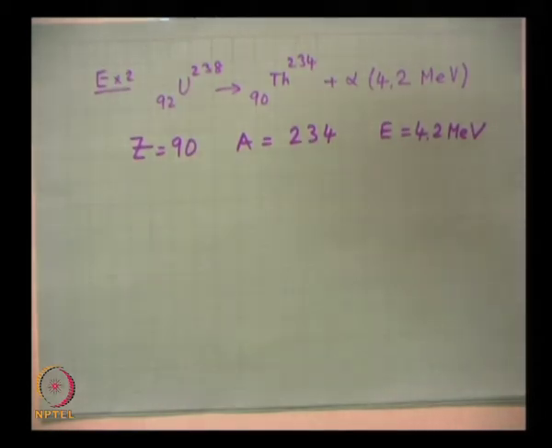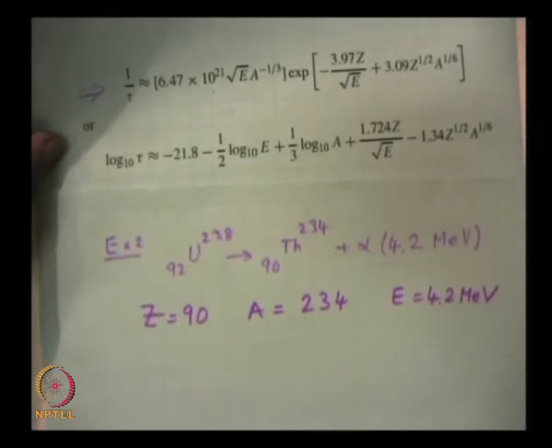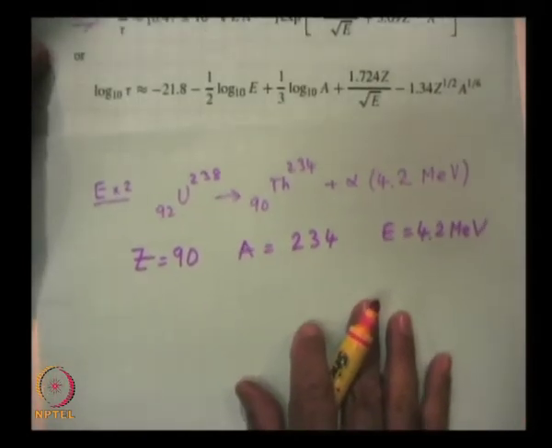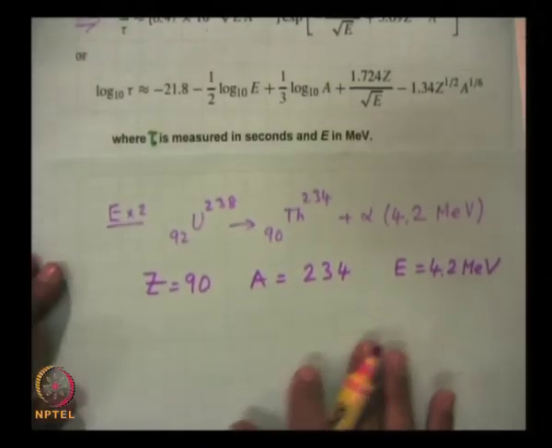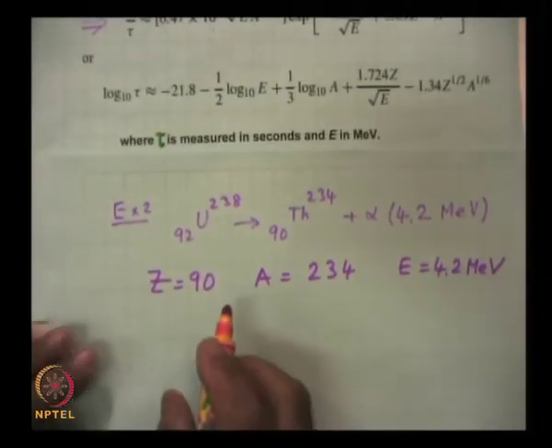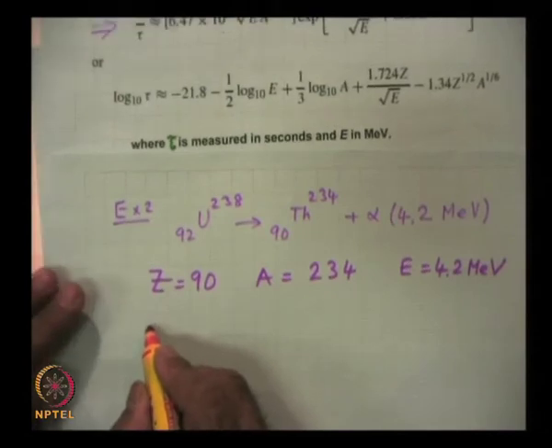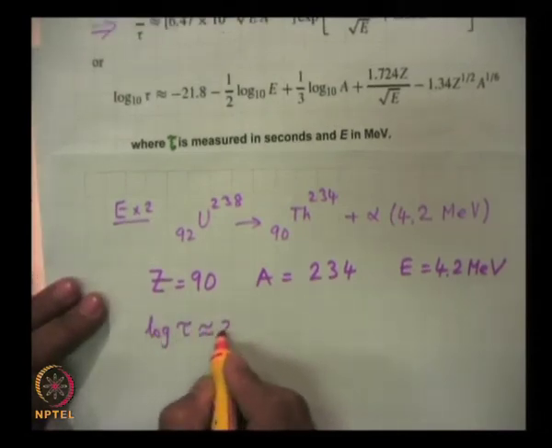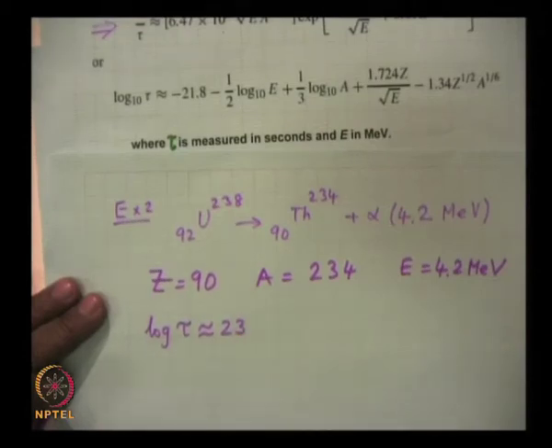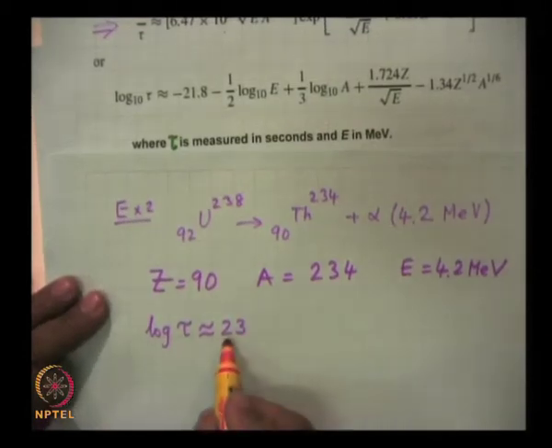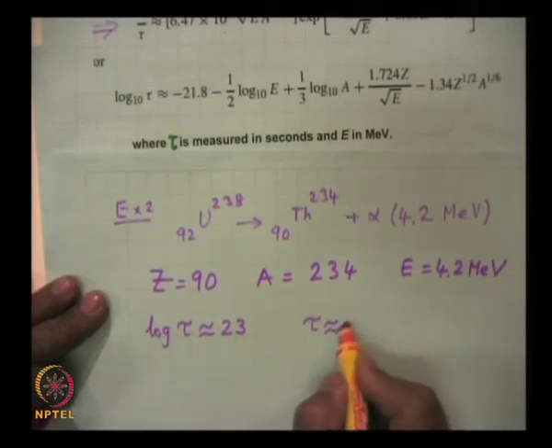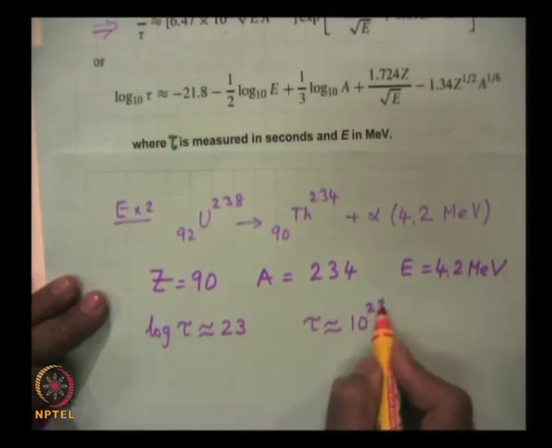Now, I once again substitute these numerical values in this equation, and what I find is that log tau now comes out to be 23. There log tau had come out to be minus 4. So, tau comes out to be 10 to the power of 23 seconds.